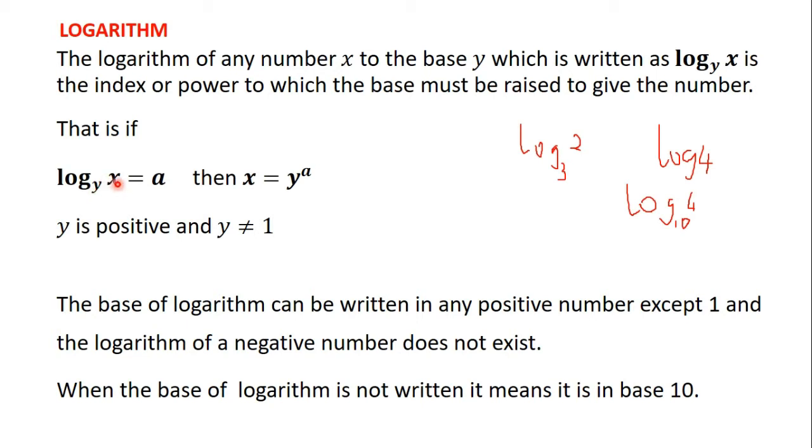We've also learned that the logarithm of negative numbers does not exist, so the logarithm number cannot be negative. And we have also learned that if the base of a logarithm is not written, it means that it is in base 10. Let's use this definition of logarithm that we've studied to solve some questions.